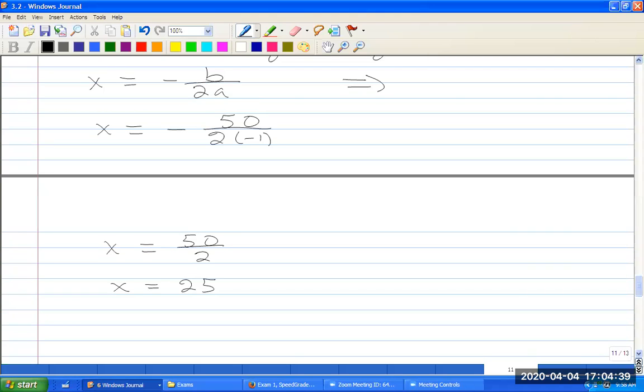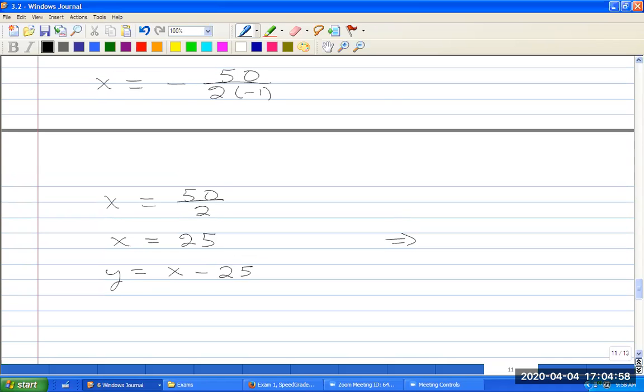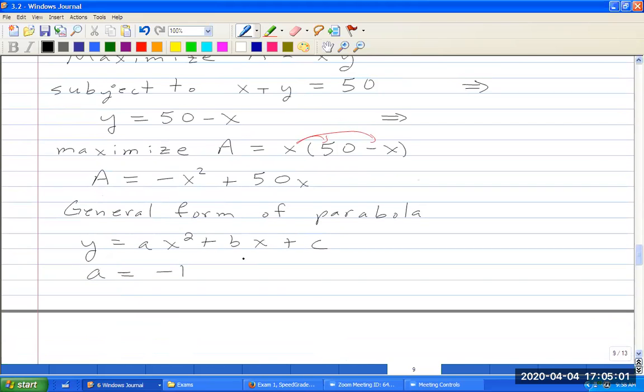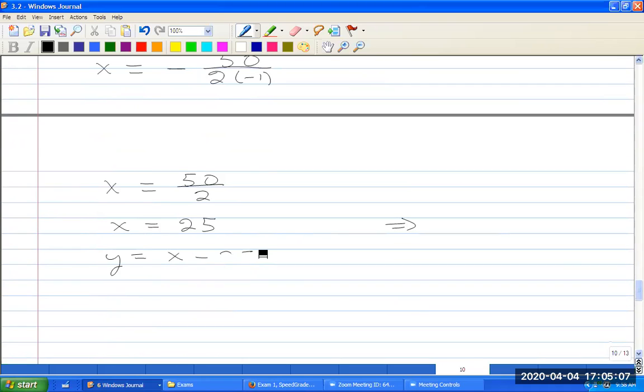Good. That tells me what one of the sides is. Let's figure out the other side. y equals 50 minus x, that's what we saw for y at the beginning. And so y is equal to 50 minus 25, which is 25.